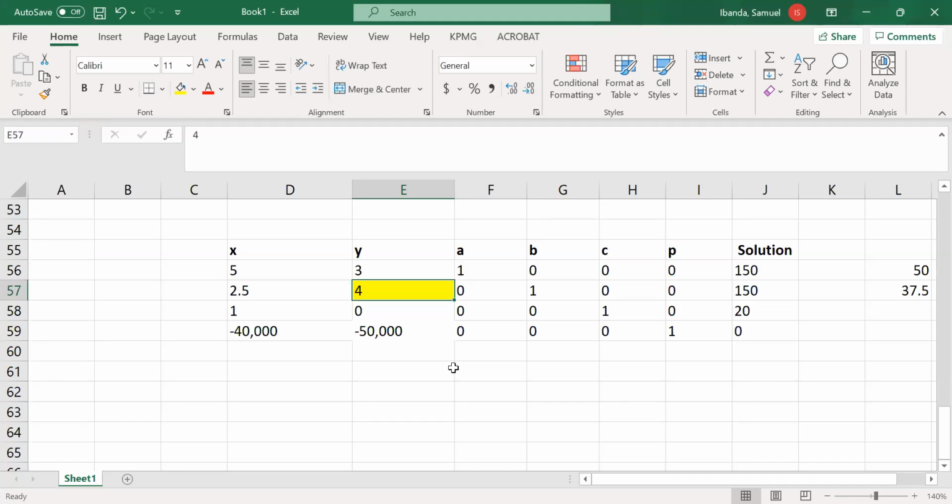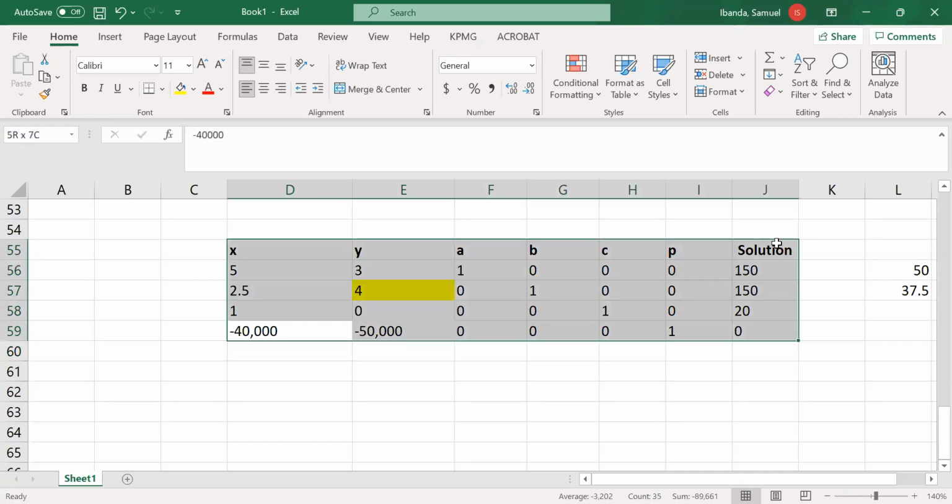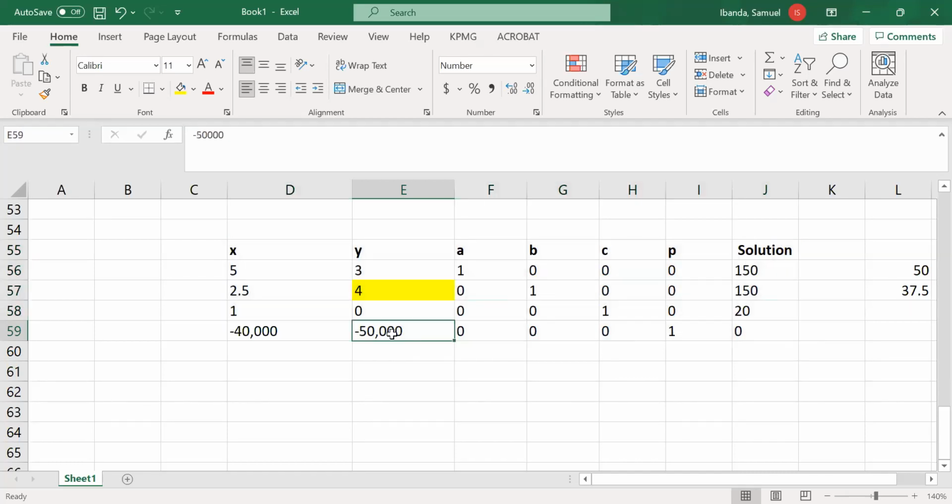I repeat, once you have your first W here, as we have put it, the next thing you have to look at is the higher negative, okay? So the higher negative is negative 50,000. After getting the higher negative, that will give you the column. Get the solutions this side and divide by each respectively. 150 divided by 3, you get 50. 150 divided by 4 gives you 37.5. 20 divided by 0 gives you infinity.